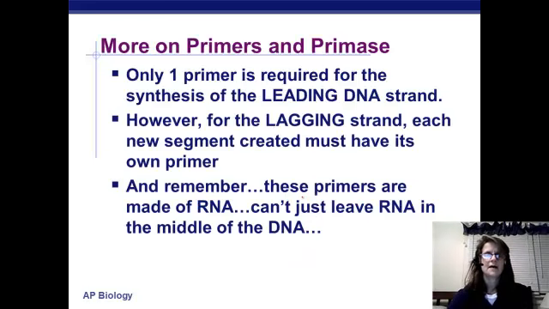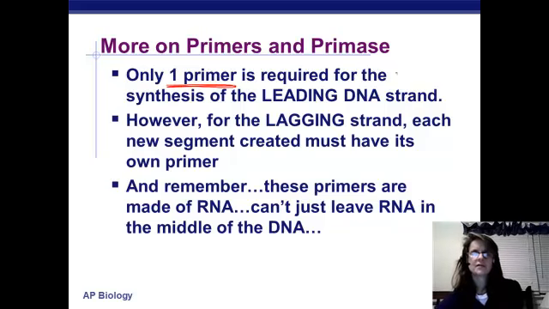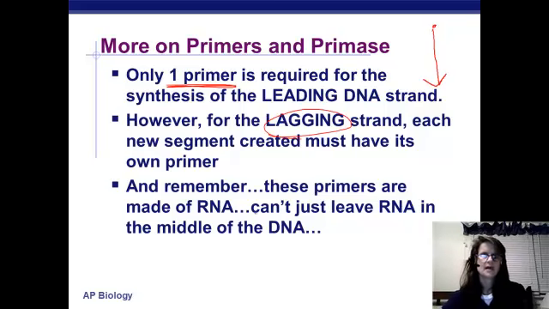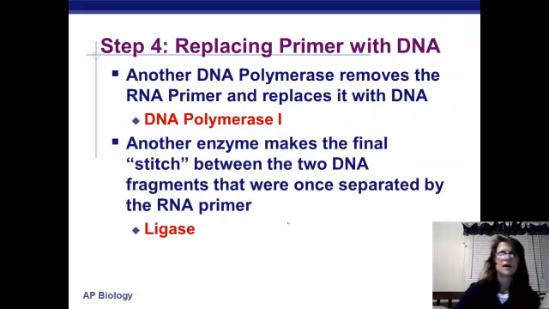All right, now note that only one primer would be needed for the leading strand. You put your hook in and you just zip right on down. The lagging strand needs several primers, and you do need to remember that these primers are made of RNA, not DNA. So we can't just leave that in there because it's not right. It's DNA we're trying to make, so we have to take that out and replace it.